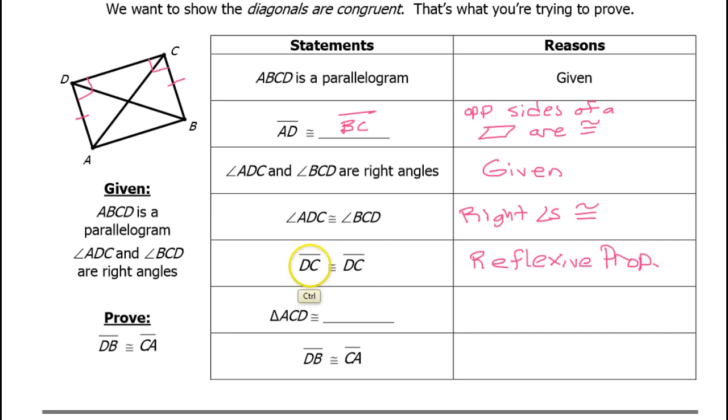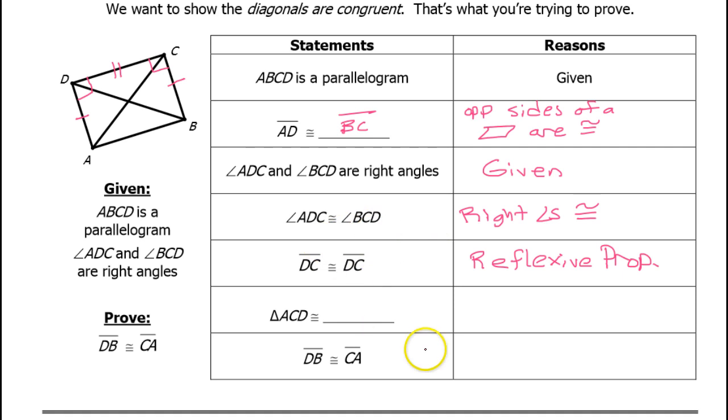Anytime you see an angle or segment congruent to itself, you know that's going to be the reflexive property. But let's take a look at that in the picture. So here's DC, so of course that's going to be congruent to itself.